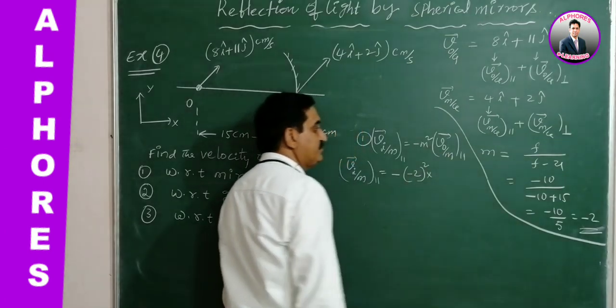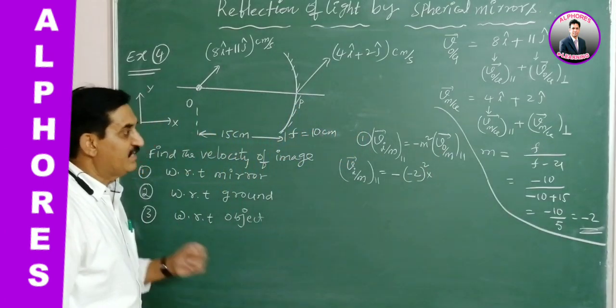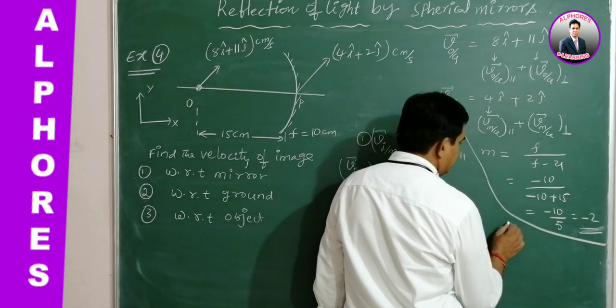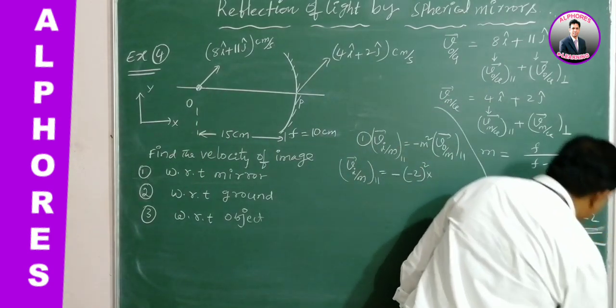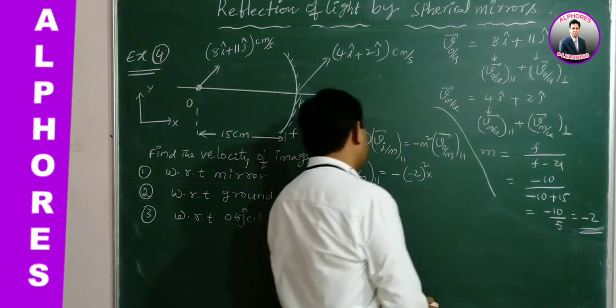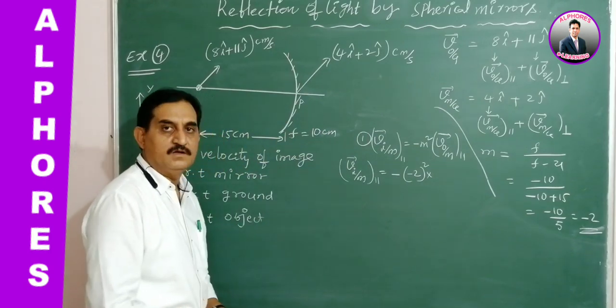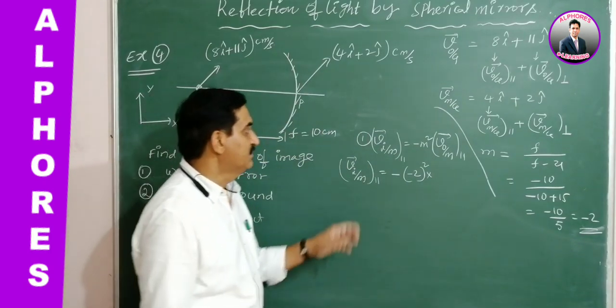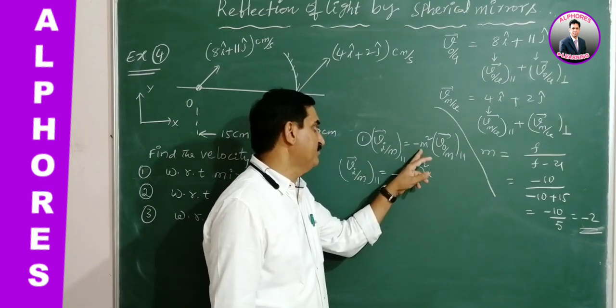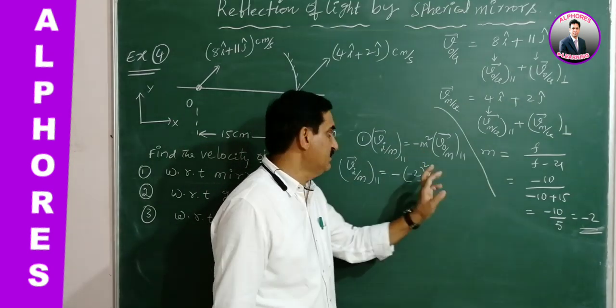Velocity of object with respect to mirror, parallel component, we should develop that. Velocity of image, we should develop these quantities, because from the beginning I am giving the same statement. So after writing this equation, what do we need? Magnification is already calculated.